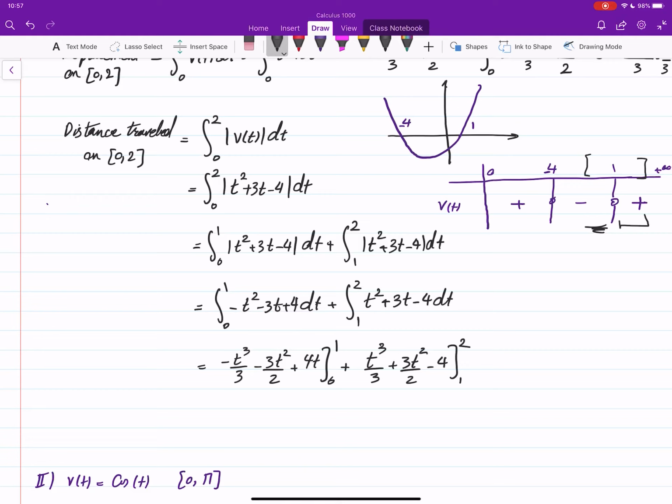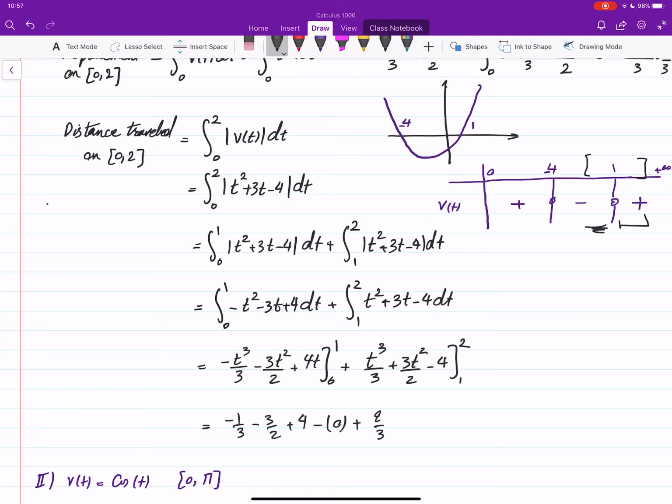Well, evaluate these values. For example, if you plug in 1 there, this is negative 1 over 3 minus 3 over 2 plus 4. Minus, if you plug in 0, that will be 0. Plus, I have to plug in 2 first.